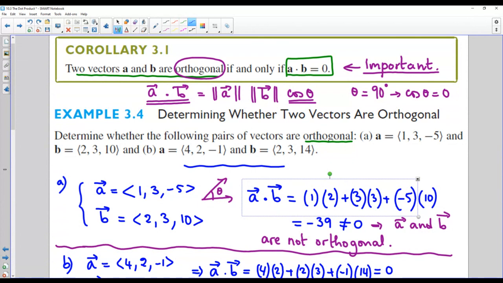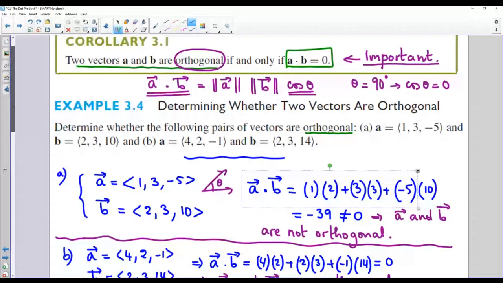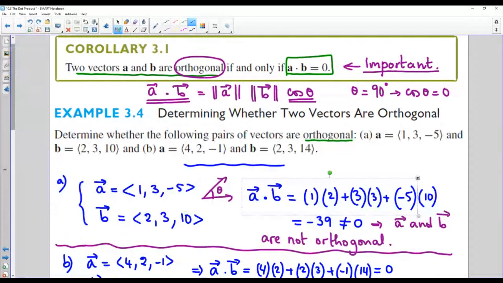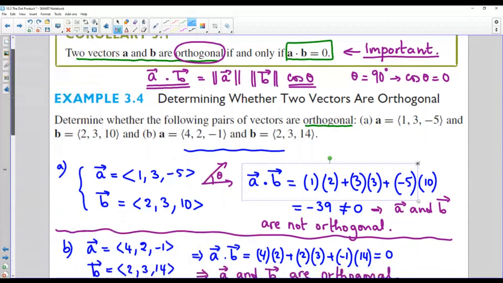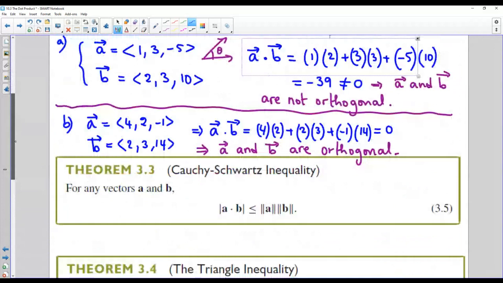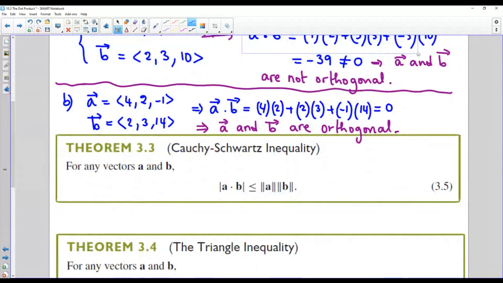Now, Salha, you ask the question. Are you getting it? Do you understand? No need, no need. Why? You don't need that. So just find the dot product of A and B. If the dot product is 0, no need to use it. Why do you want to use that? The rule is if the dot product is 0, then A and B are orthogonal.